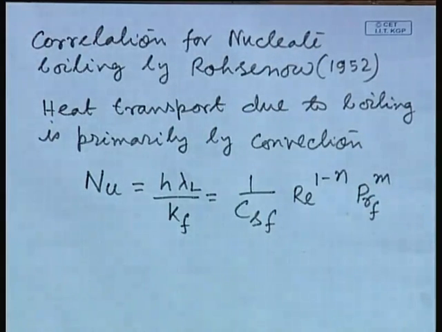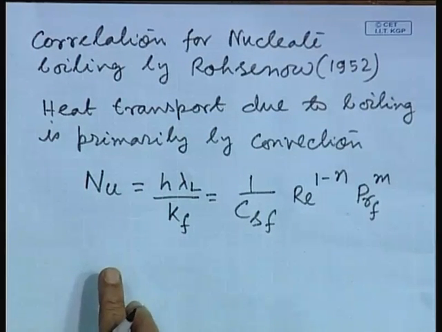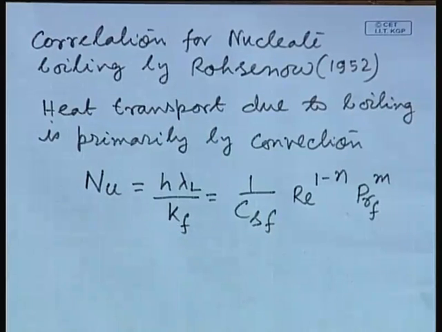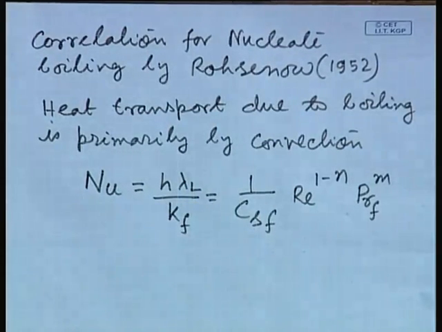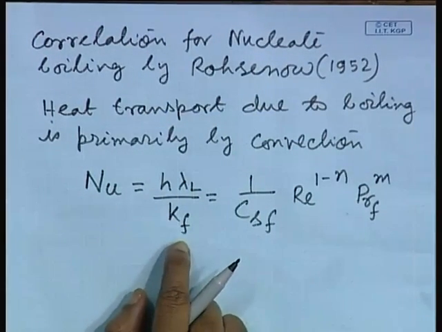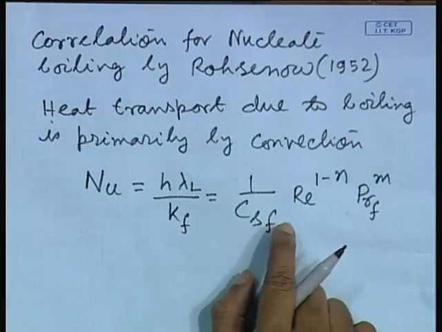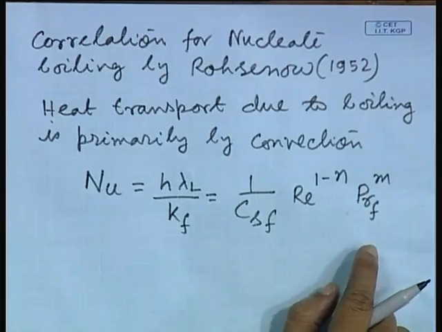So, let me tell you, by this time you have probably also understood that for liquid we are using a subscript f or l. So, this is the very well known formula for Nusselt number. The basic definition of Nusselt number is the convective heat transfer coefficient multiplied by some characteristic length divided by the conductivity of the fluid. This is dependent on Reynolds number and Prandtl number.